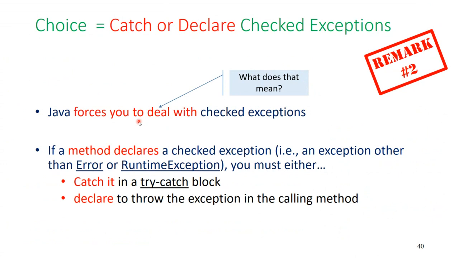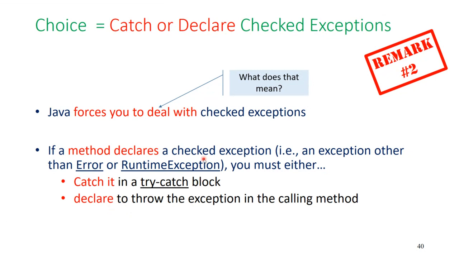So what does it mean to deal with it? It means you have a try-catch block that is going to successfully catch it. That is what we did during the previous lecture. But during this lecture, the first example that we looked at together, we saw that sometimes your try-catch block is not going to successfully intercept the exception.